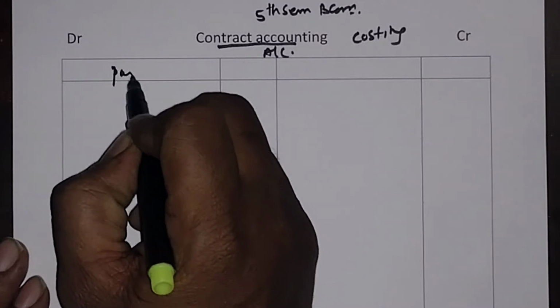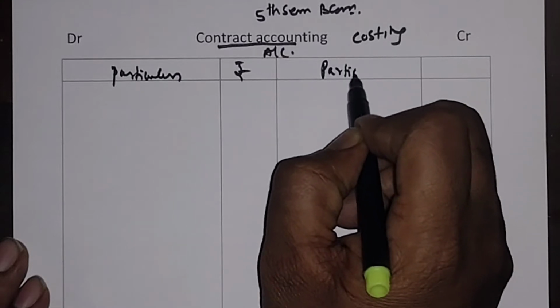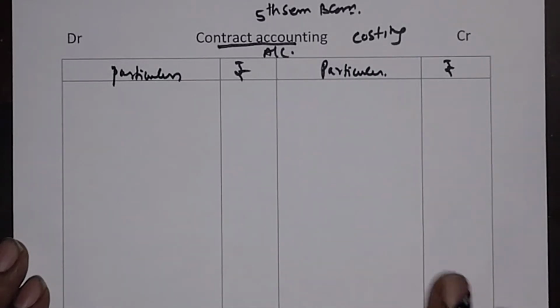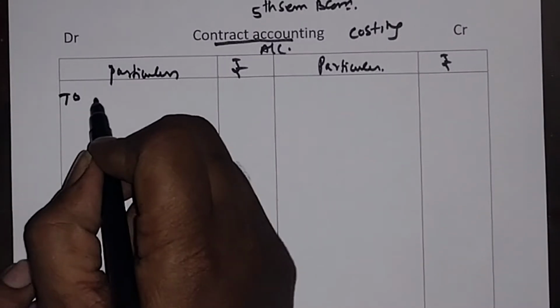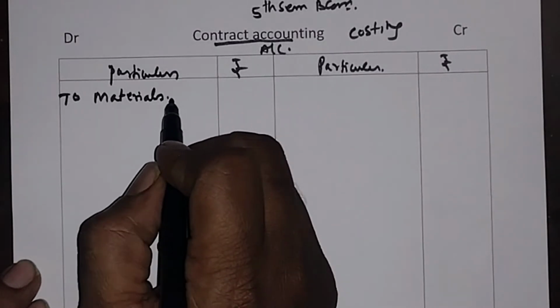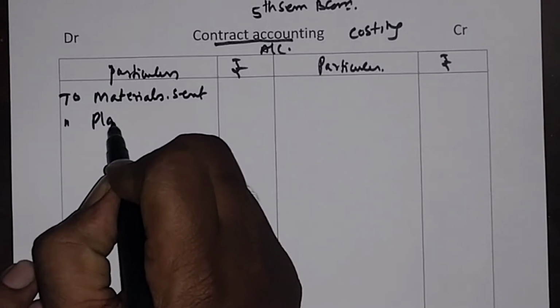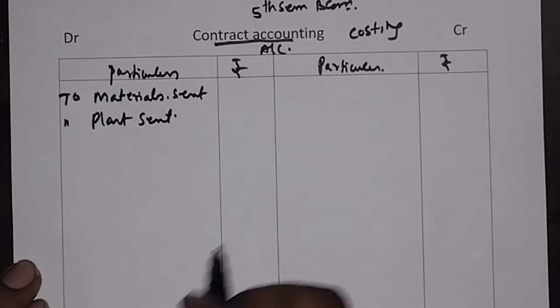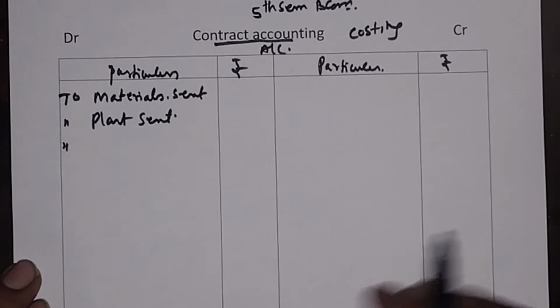The very first one is the debit side and credit side particulars. All the expenses relating to the contract, let us write on the debit side. First is anything which is sent to the site: material sent, then plant sent, and any other materials we sent into the contract will appear on the debit side.